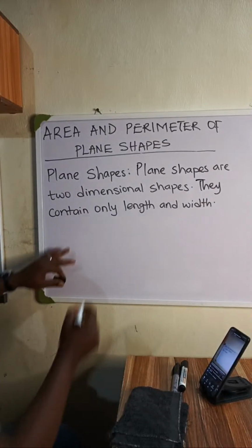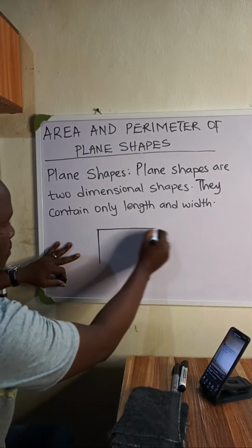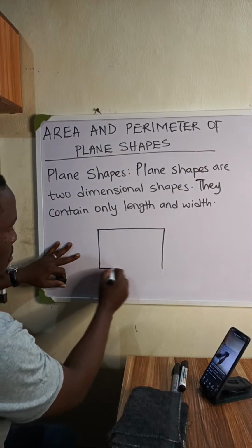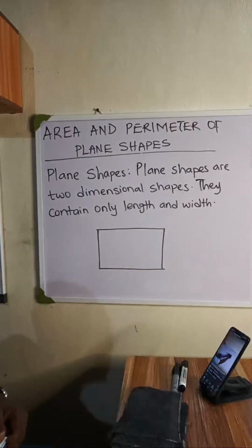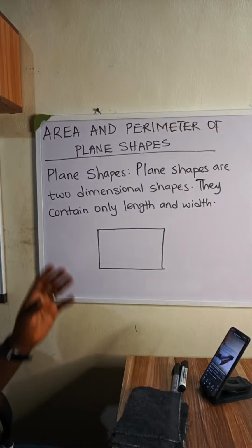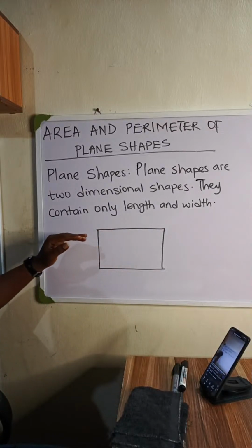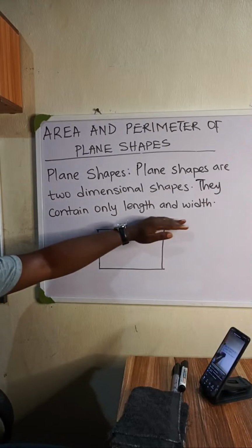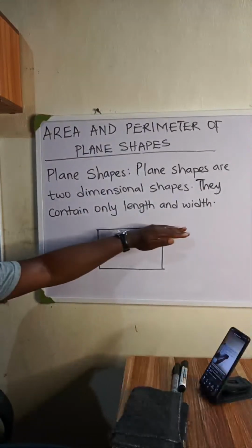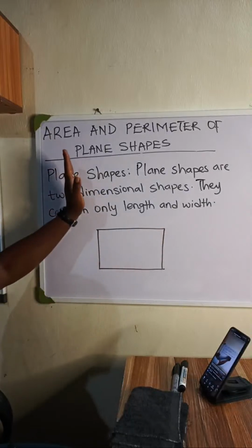For example, if you have a shape like this, this shape is a plane shape. The reason it's a plane shape is you can only consider this direction, the horizontal direction, and the vertical direction.